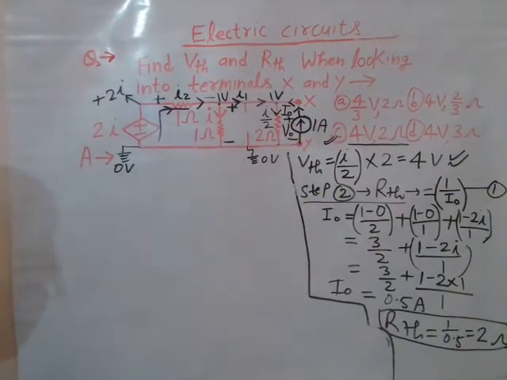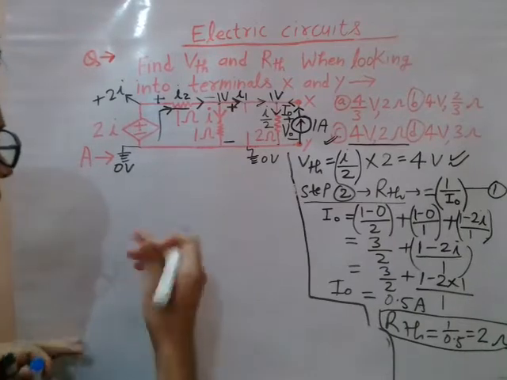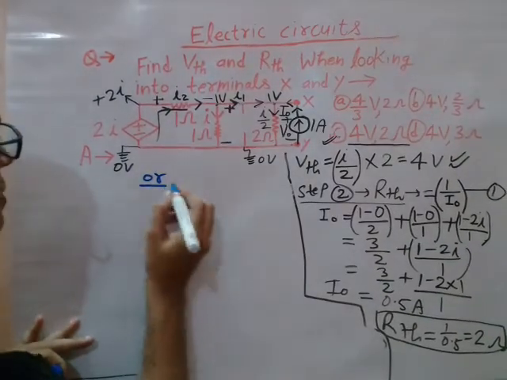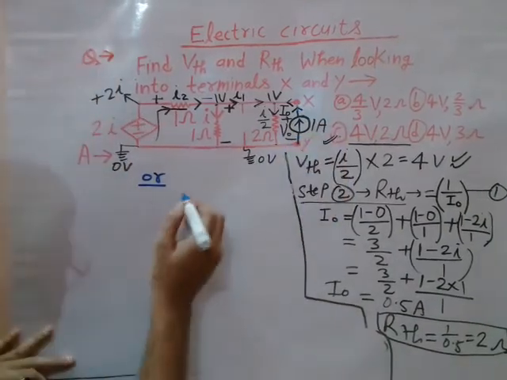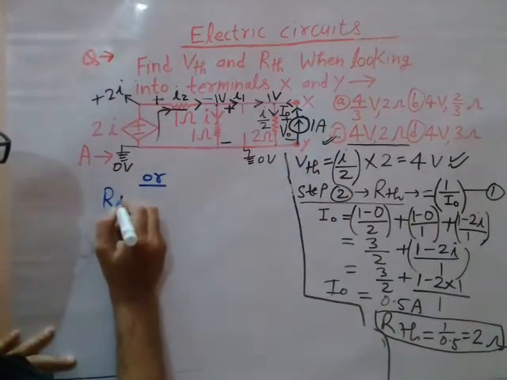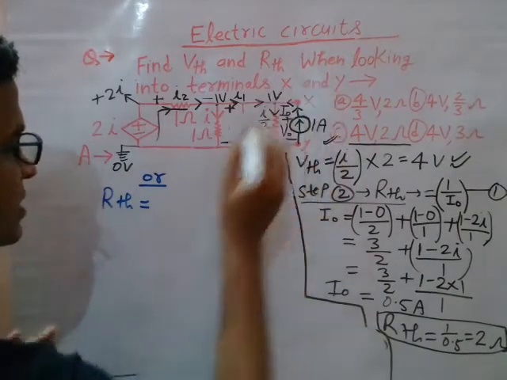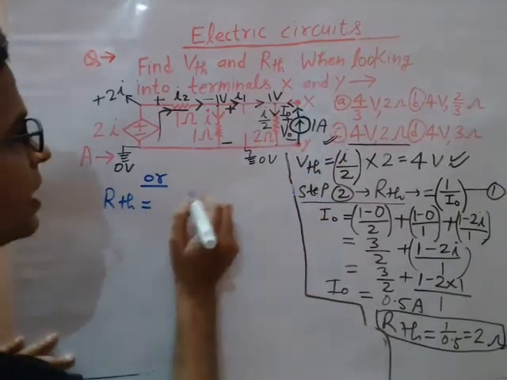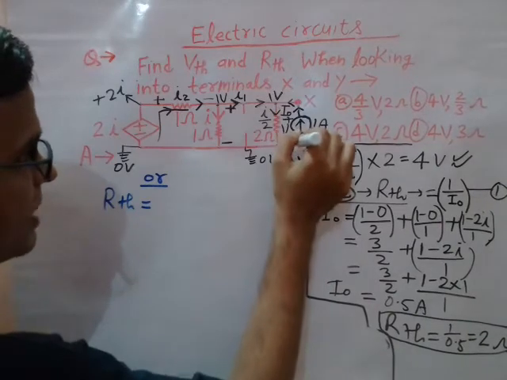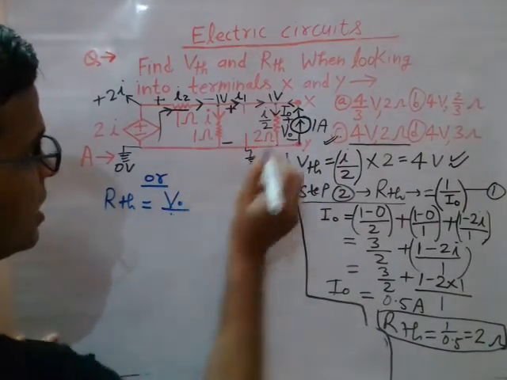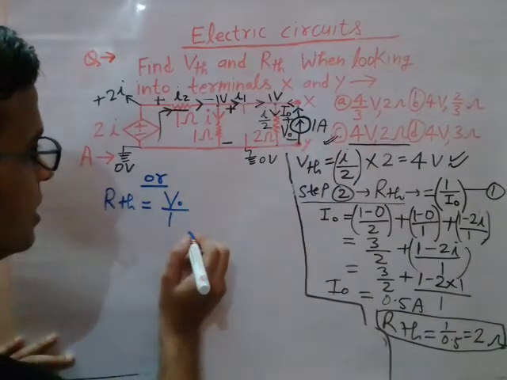So now what is the value of R Thevenin in this case? If you choose 1 ampere test current source across terminal X and Y, then RTH would be V by I, that means V0 divided by 1 ampere, right?